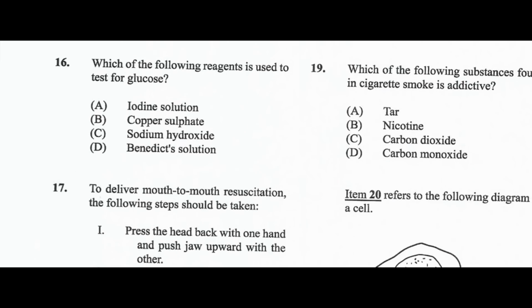Number 16, which of the following reagents is used to test for glucose? Benedict solution. Know these like the back of your hand. Benedict solution has copper sulfate. Iodine is for starch.